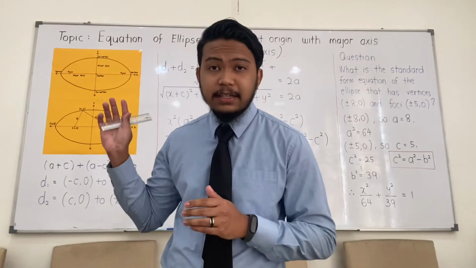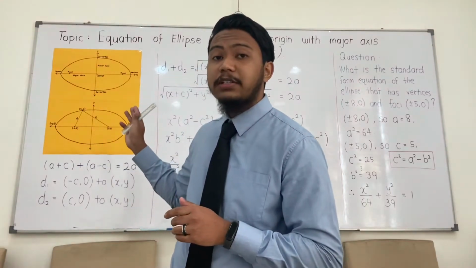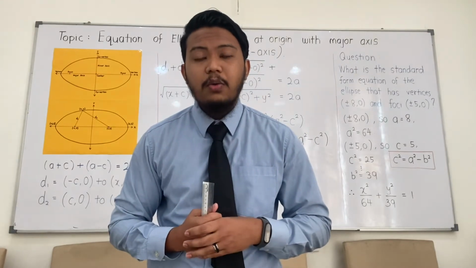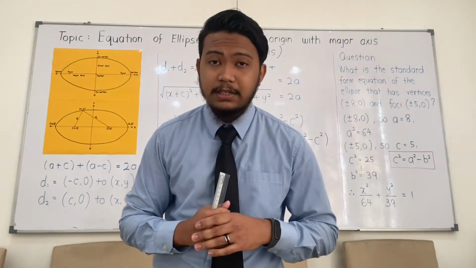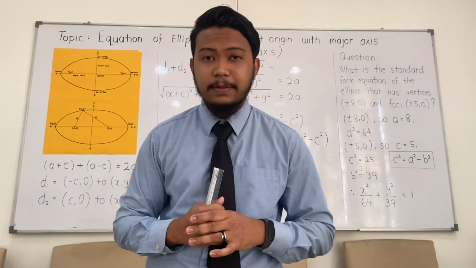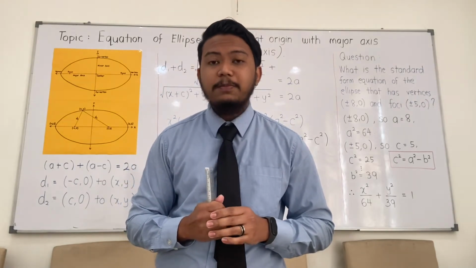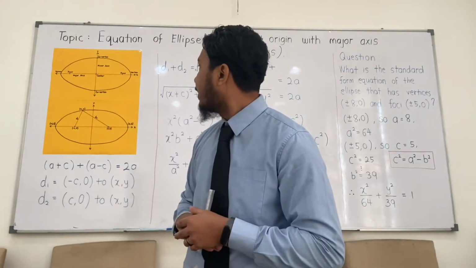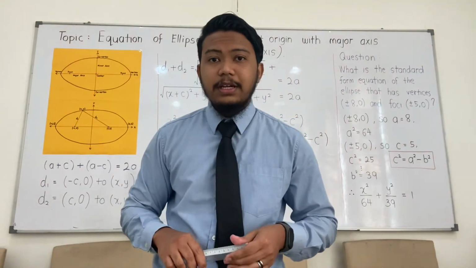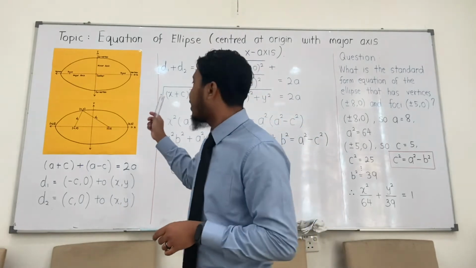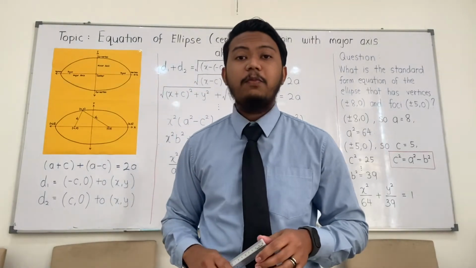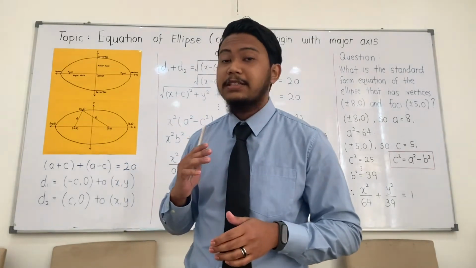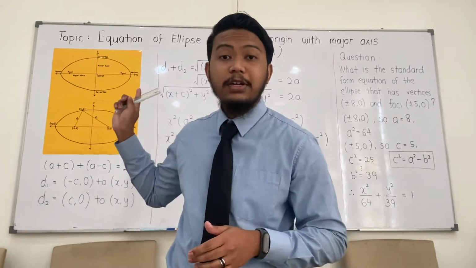Next, each endpoint on the minor axis we call co-vertex of the ellipse, or in plural we call co-vertices. Then the center is the midpoint of both major and minor axis, and the axis is perpendicular at the center.